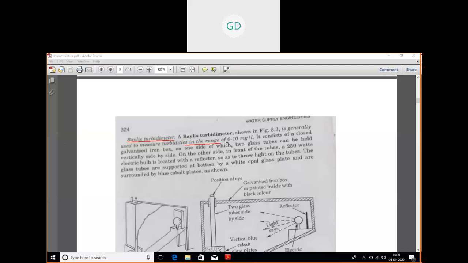It measures in the range between 0 to 10 milligram per liter. Written, everyone? Bailey's turbidimeter, the range is between 0 to 10 milligram per liter.